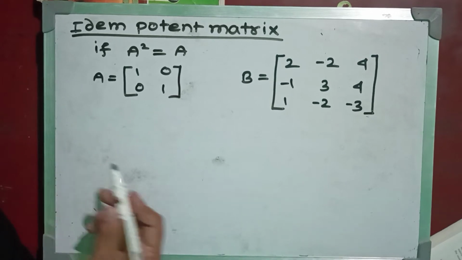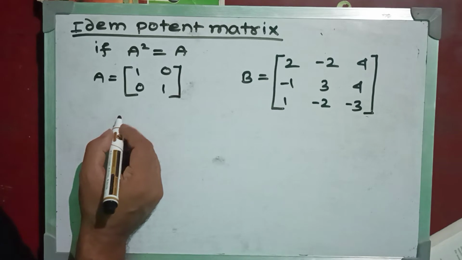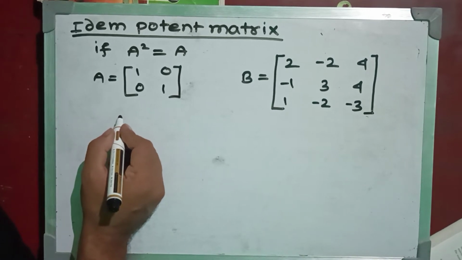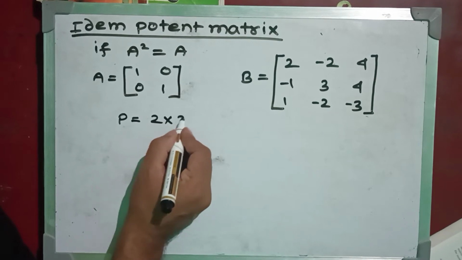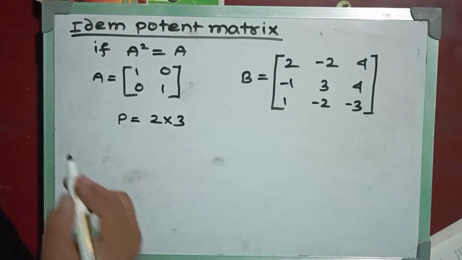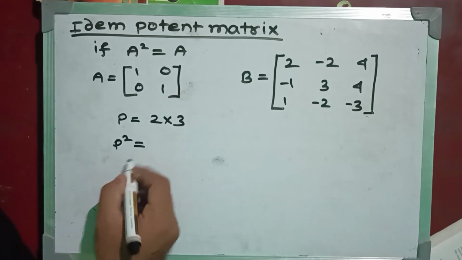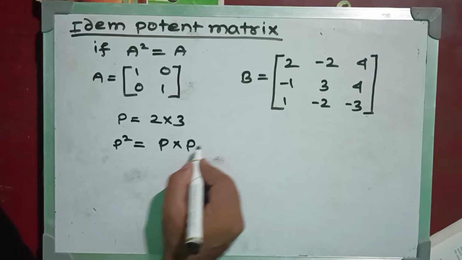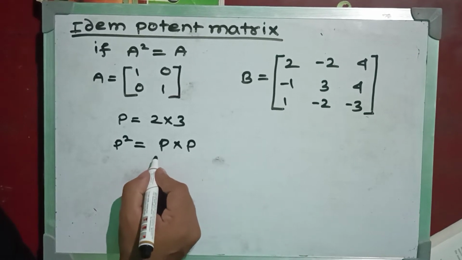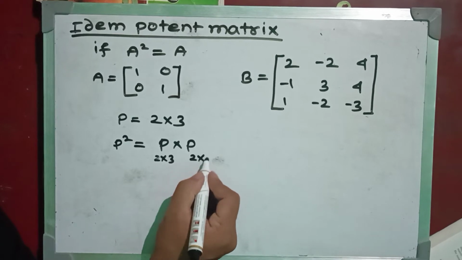And one thing we have to remind here, if the order of the matrix is unequal, suppose there is a matrix P and the order of the matrix is 2 cross 3, we can't do P square here. Why? P square means P cross P. So if we see the order of the first P, it's 2 cross 3 and the order of the second P is 2 cross 3.